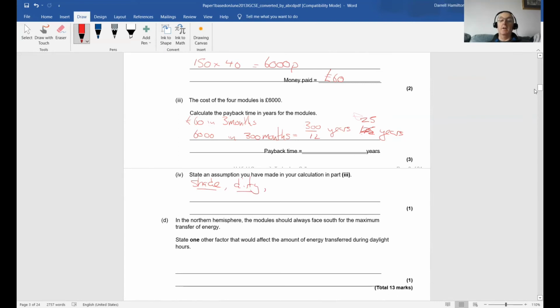You're assuming that the amount of sunlight is constant, or rather has the same average in that 3-month period.